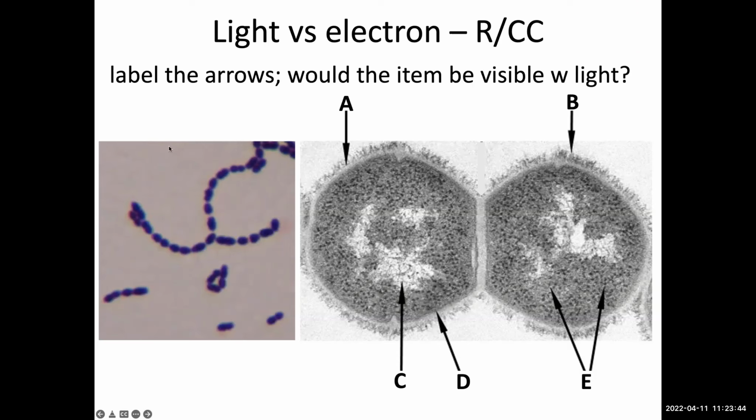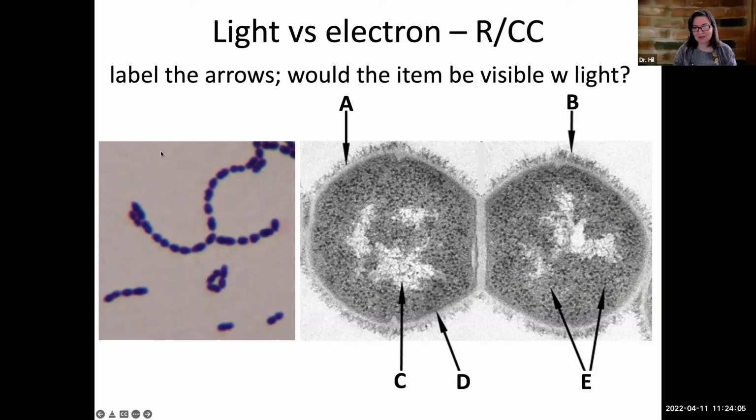What about D, Melissa? I think I'm going to pass. I'm not quite sure. Yeah. And then for E, I'm going to ask Aminata. It's pointing to some kind of something in the interior of the cell.